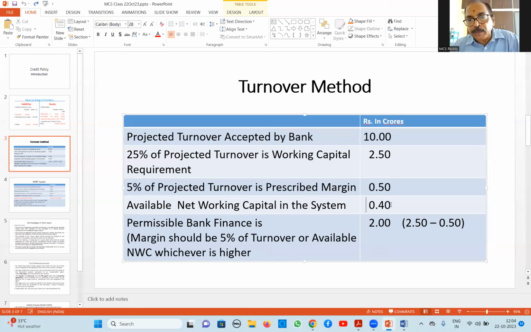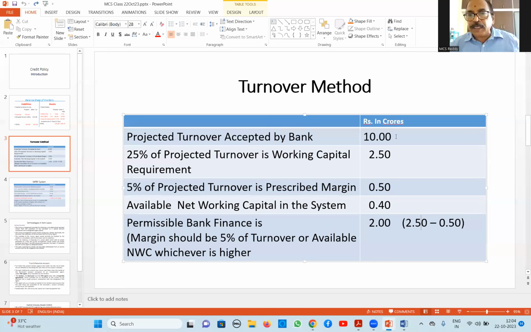Here available NWC is 0.4 and 5% of turnover is 0.5 crore. So the highest is 0.5. This we will deduct from the requirement, and permissible bank finance will come to 2.5 minus 0.5. So this is how the turnover method works.